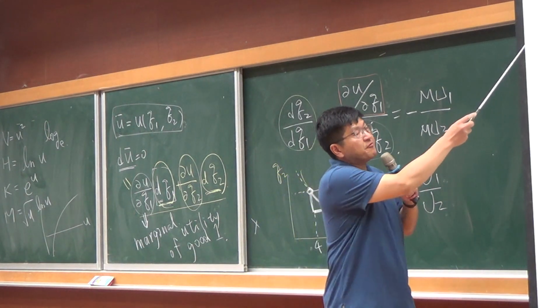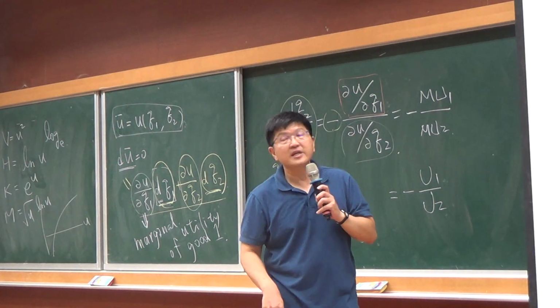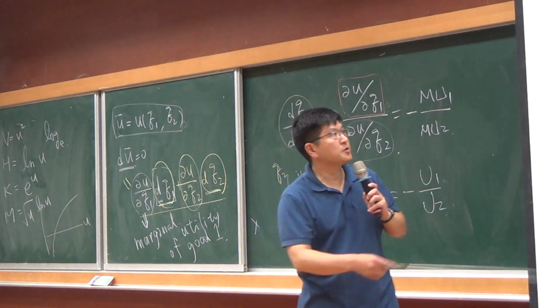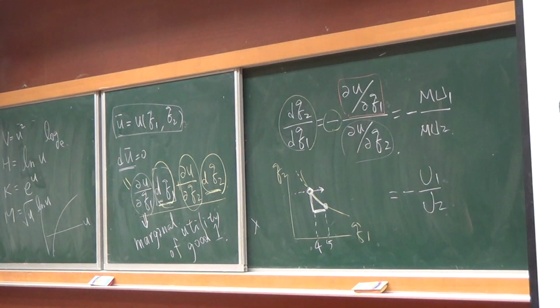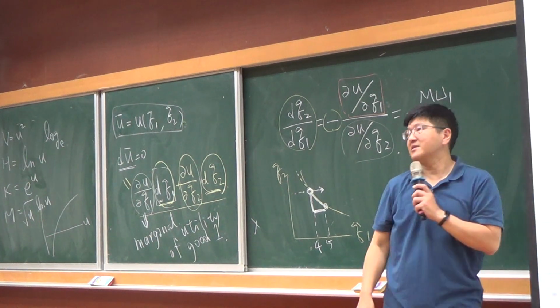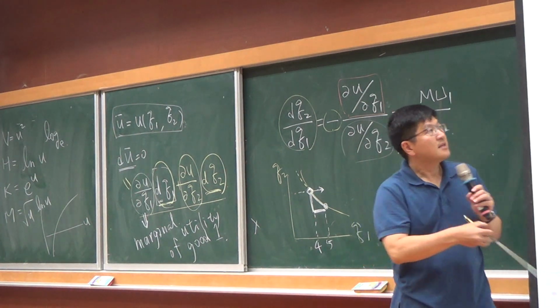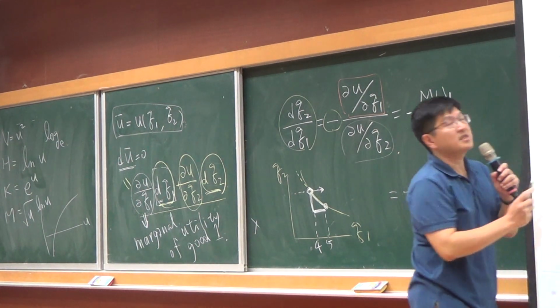So we define this idea as marginal rate of substitution, MRS, which means the maximum amount of one good that a consumer will sacrifice to obtain one more unit of another good.